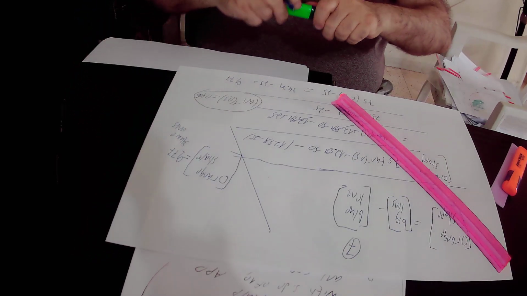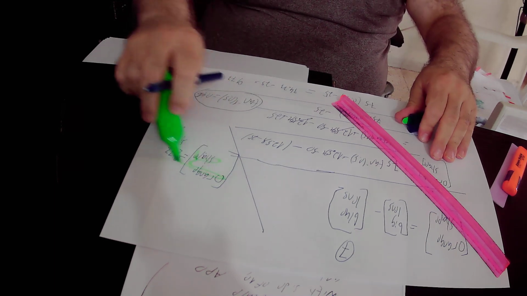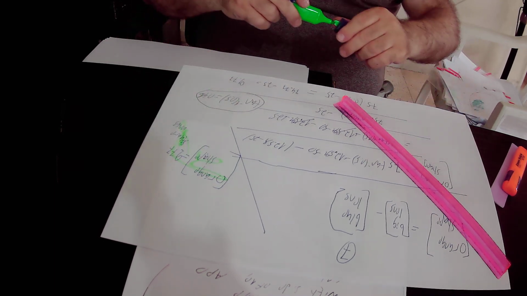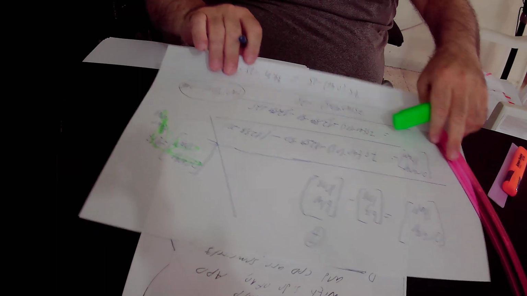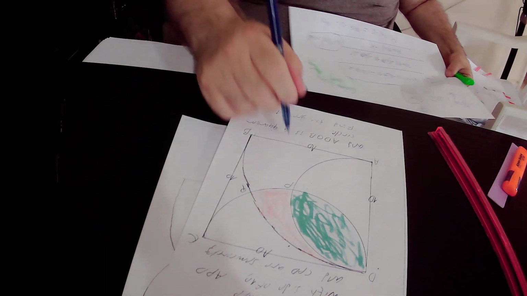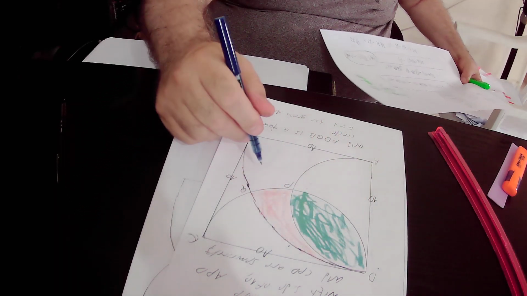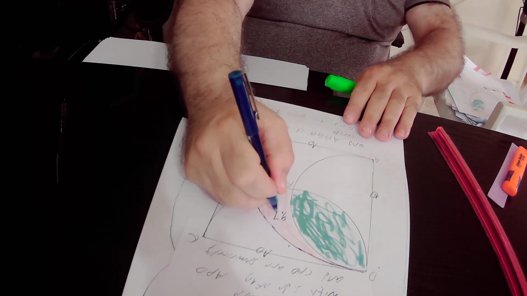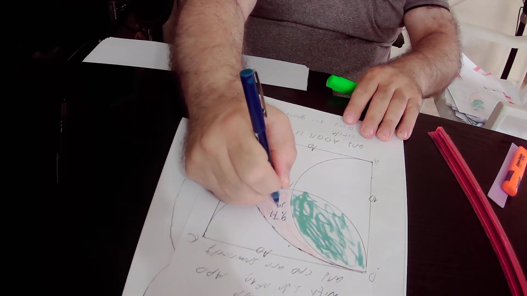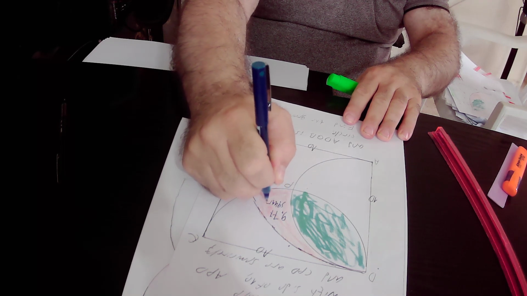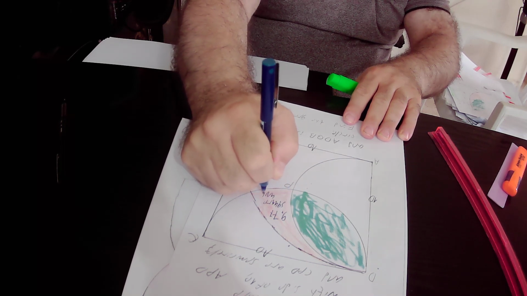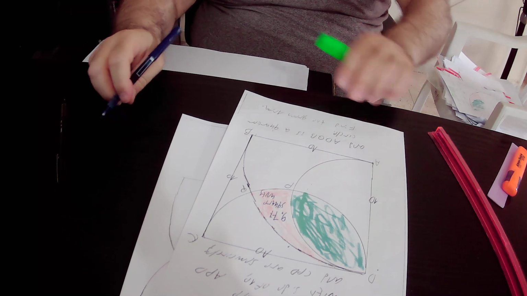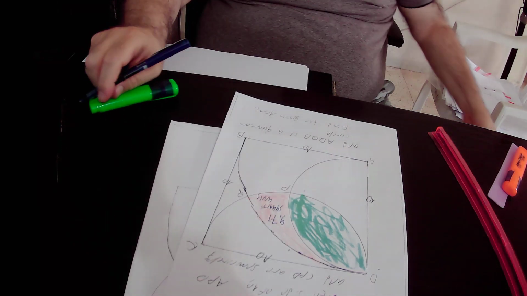The area of this orange shape DPQ equals 9.77 square units. So we finish with the first method.